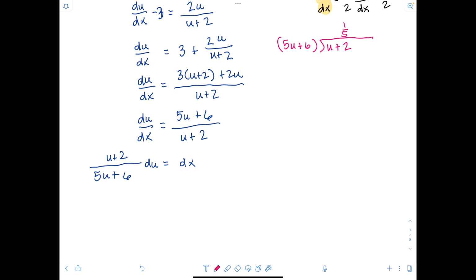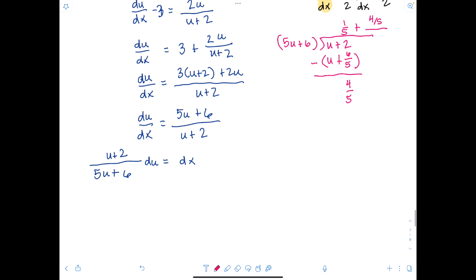So we would end up having 1/5, and then plus 6/5. We're subtracting that, and then we will get, what is that, 10/5 minus 6/5 is 4/5. So this would be plus 4/5 over 5u plus 6.